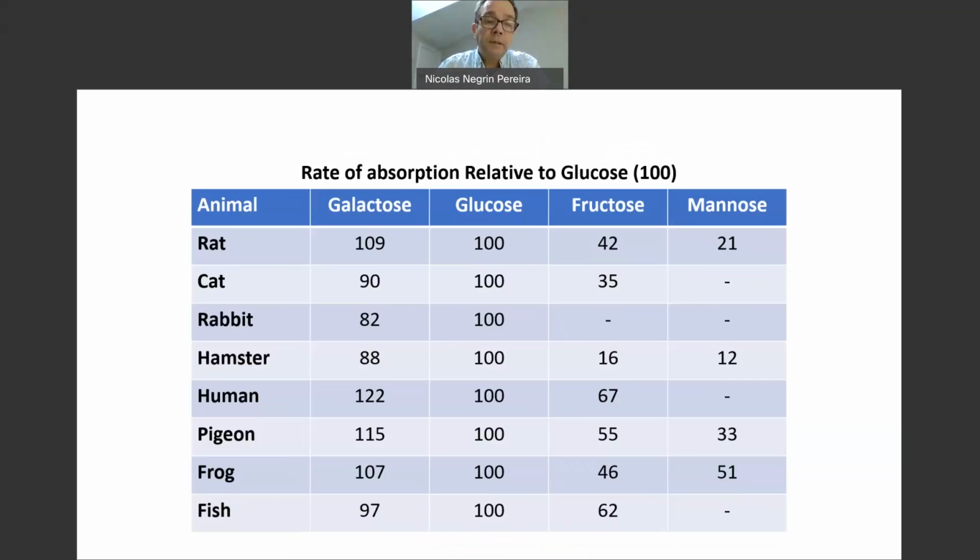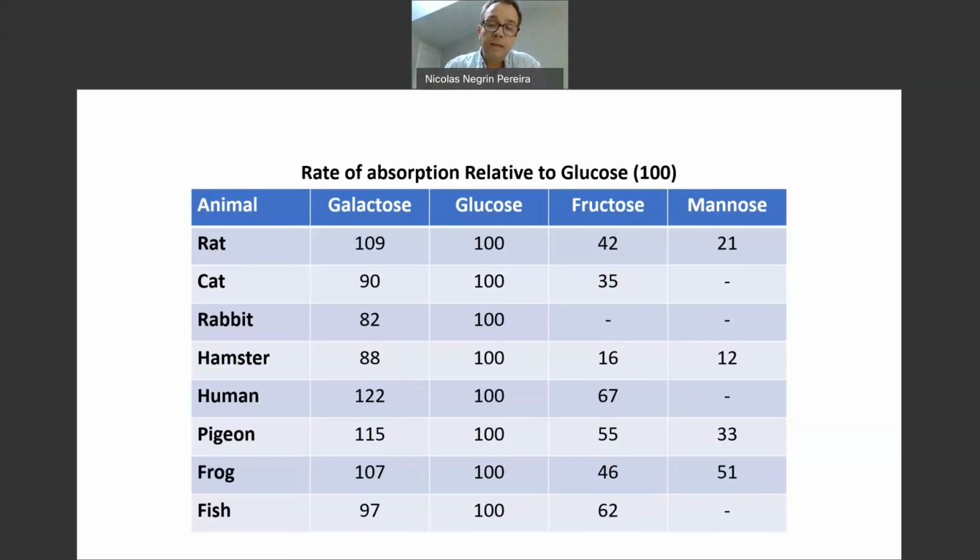But for example, in the human, and if you look through the other species like the rat, the pigeon, and the frog, galactose normally has a higher rate of absorption, even higher than glucose. And of course, for fructose and mannose, the rate of absorption roughly goes between 30% to 50%. It's not as good as glucose.